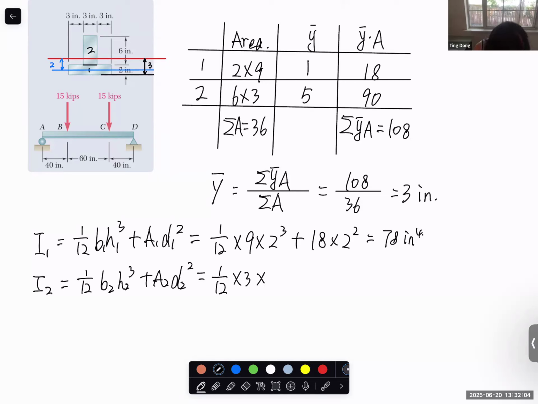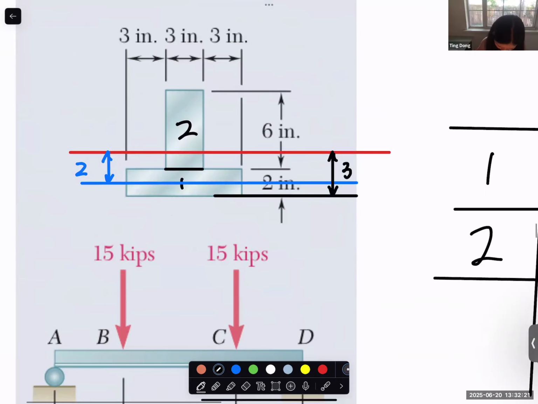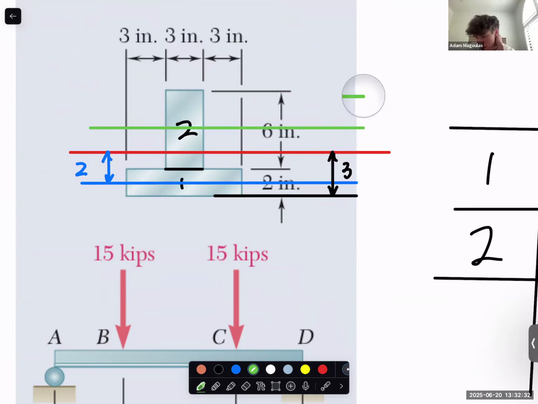And H2, of course, 6. And A2, 18. What is D2? What is D2? 2.